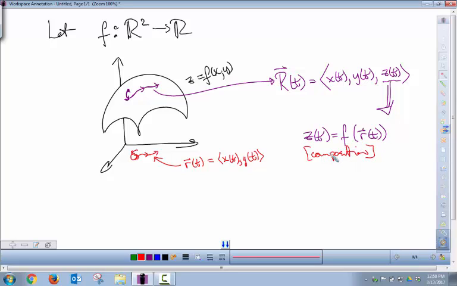Is it going to work? Let's see. r of t, what's r of t? So r, what does r take as an input? As an input.